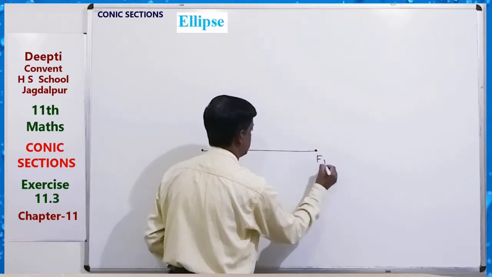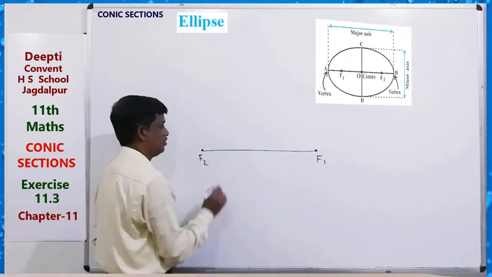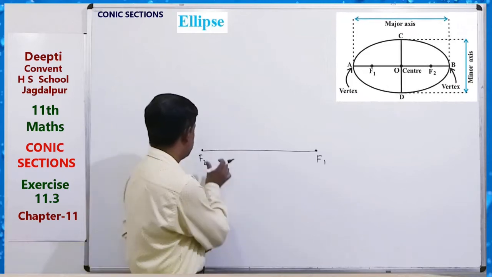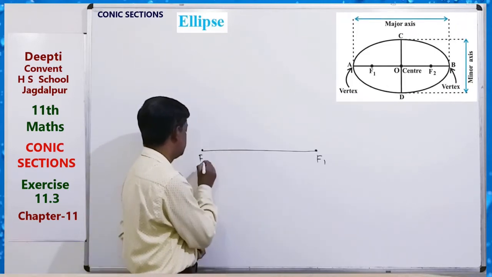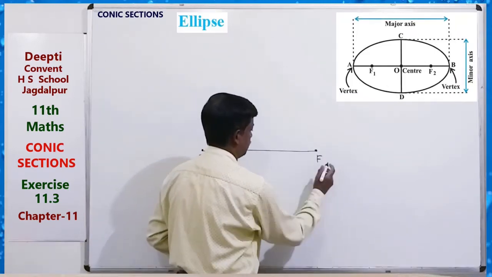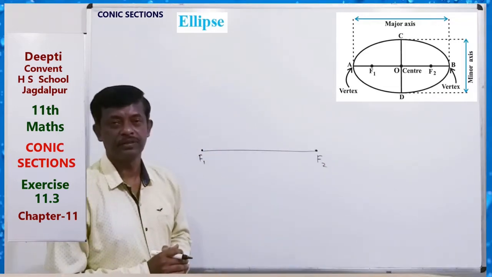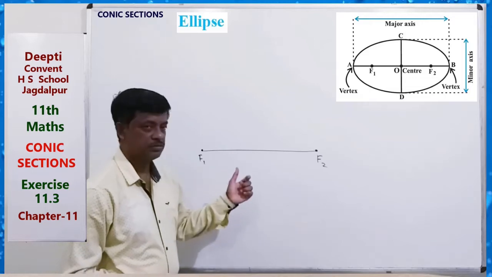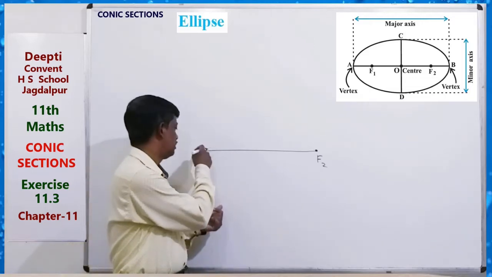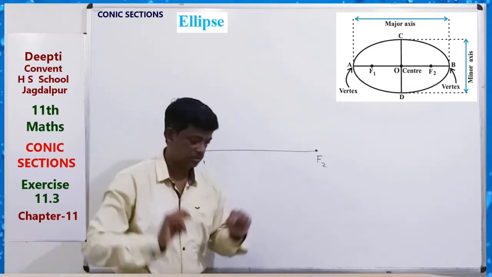This is F1, this is F2. These two points are called the foci. That means F1 and F2 are the two foci.